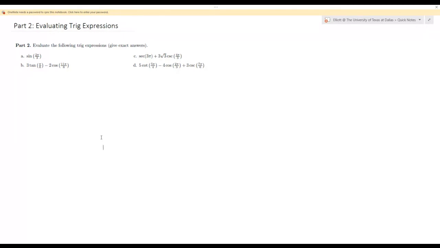All right, so to answer these questions, these are all really based off your knowledge of the unit circle. So you'll need to know, where are these angles in the unit circle? What are the values of sine, cosine, tangent, etc. at those angles? Those are things that you'll need to know.